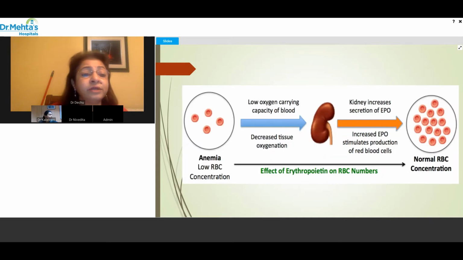Another little cartoon here shows that during anemia, there is low red blood cell concentration and therefore low oxygen carrying capacity of the blood and decreased tissue oxygenation. This stimulates the kidney to increase its secretion of erythropoietin, and in turn, the erythropoietin stimulates production of red blood cells and normalizes the low red blood cell concentration. It's a very important response that a normal kidney has in terms of regulating RBCs.